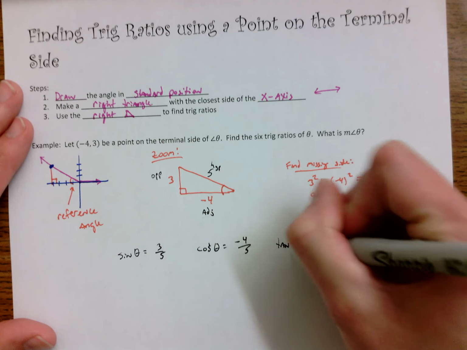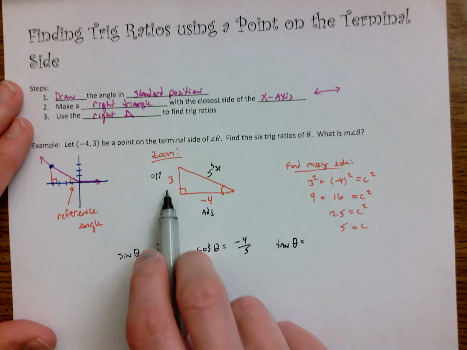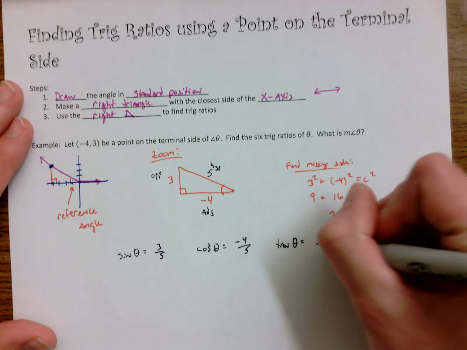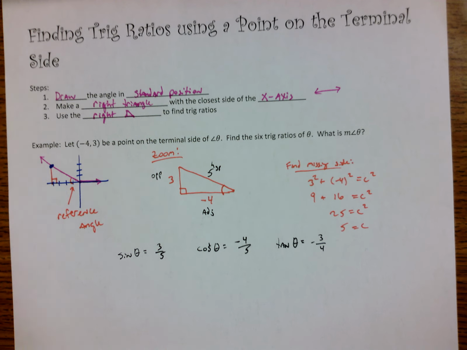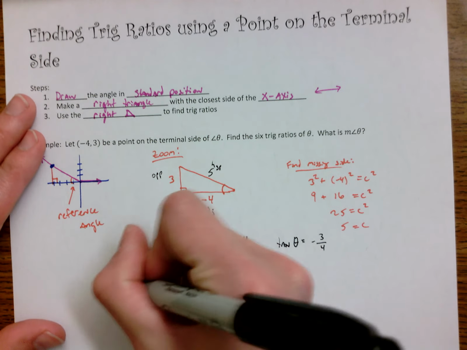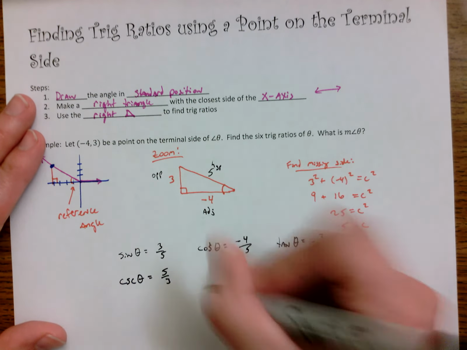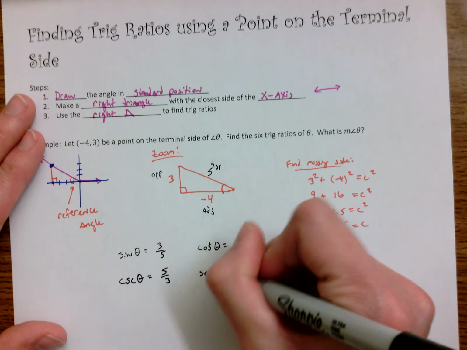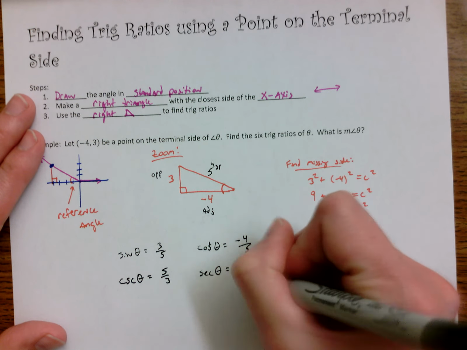All right, and then my last one is tangent. So tangent is opposite over adjacent. So 3 over -4, which is the same as -3/4. So you can put the negative in the front or in the top or the bottom. Okay, and then once we've got that, cosecant is the flip of sine, so that's 5/3. Secant is the flip of cosine, so that's going to be -5/4.